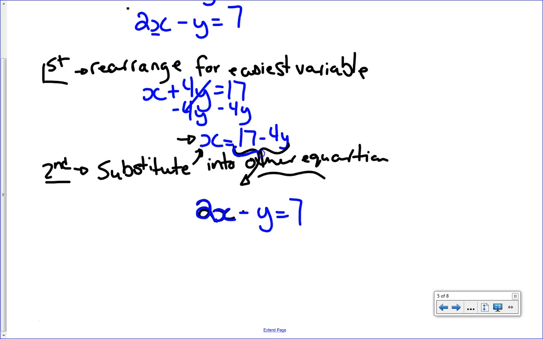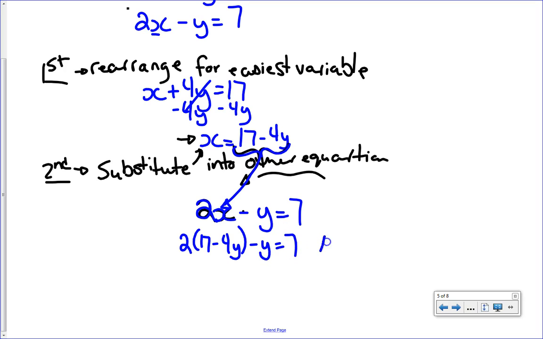Because we have rearranged for x here, we take that entire expression and substitute it in for x. So this would be 2 times (17 minus 4y) minus y equals 7.